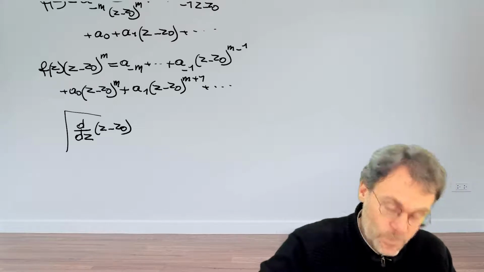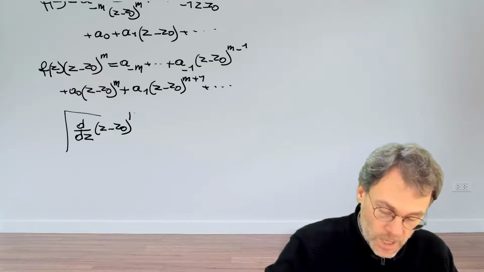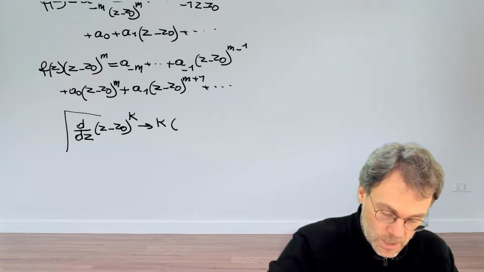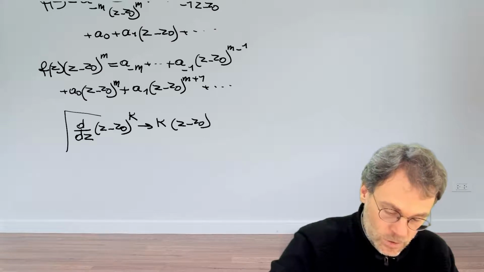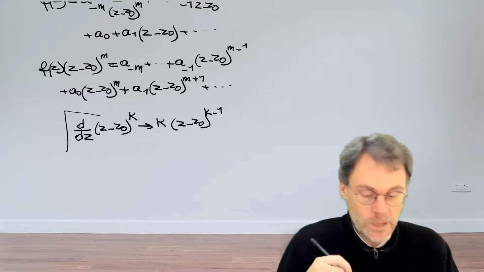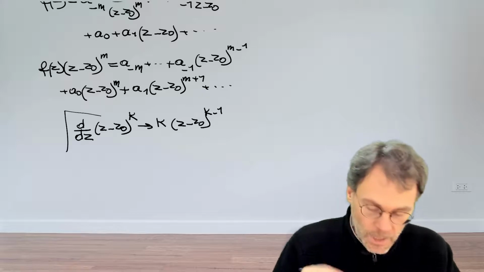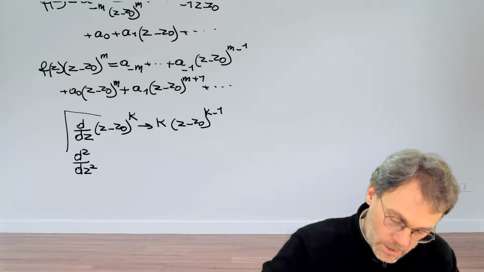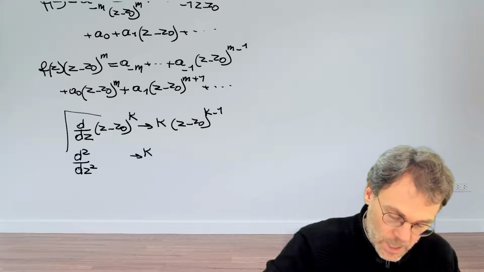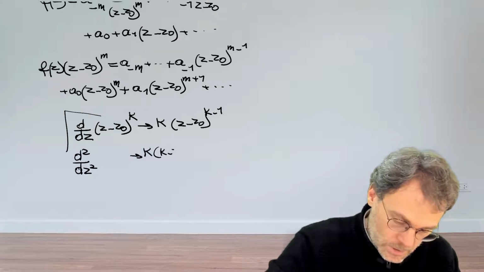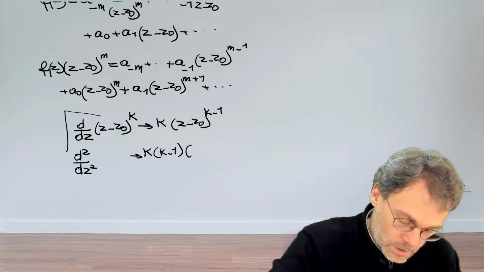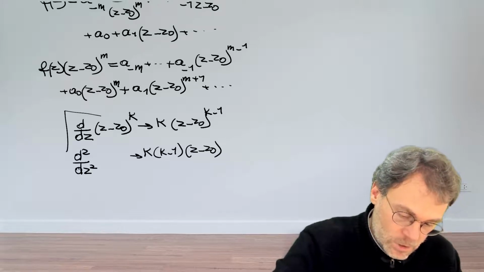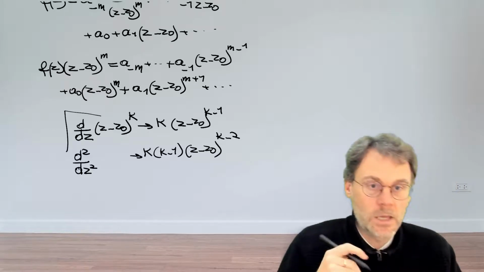So let's say z minus z naught to the power of k. If we take the derivative once, then we get k times z minus z naught to the power of k minus 1, right? Taking the derivative twice gives us k times k minus 1 times z minus z naught to the power of k minus 2.